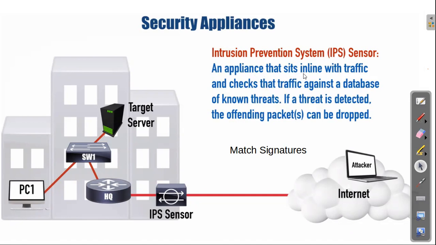It is an appliance that sits in line with traffic and checks that traffic against the database of known threats. All known threats are stored in the database. It will check if any threat comes. If a threat is detected, the offending packet can be dropped. So it will drop. It is done by IPS, intrusion prevention system.